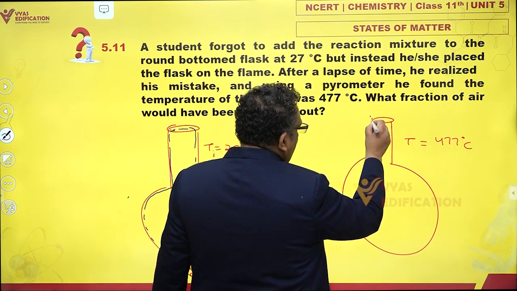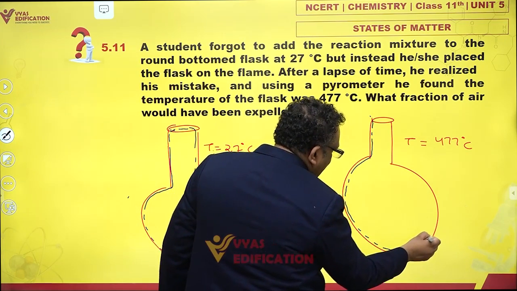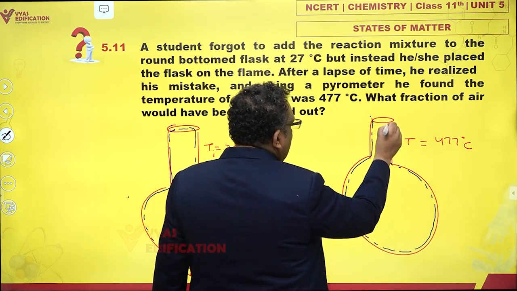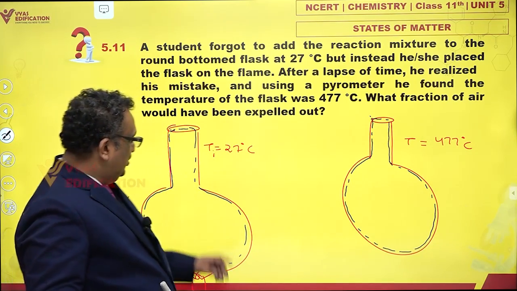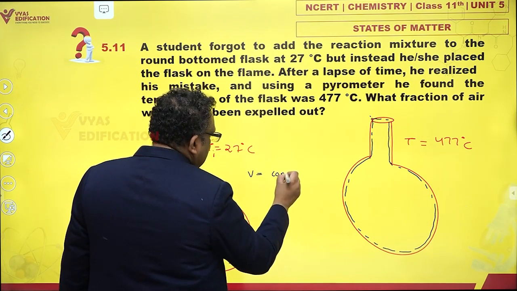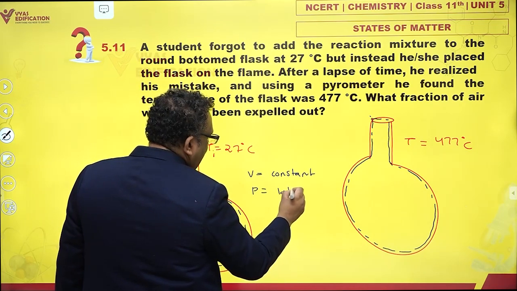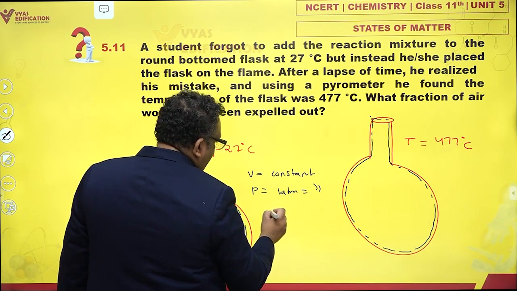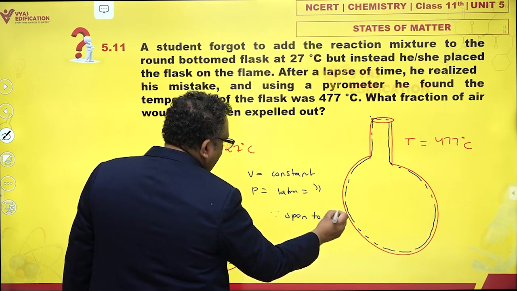Since it is open to atmosphere, and are you aware that whenever you're talking about atmosphere, atmosphere is always at a constant pressure of 1 atmosphere unless mentioned otherwise, right? So for both these flasks, volume is constant. Pressure is 1 atmosphere, which is constant. Why? Because it is open to air.